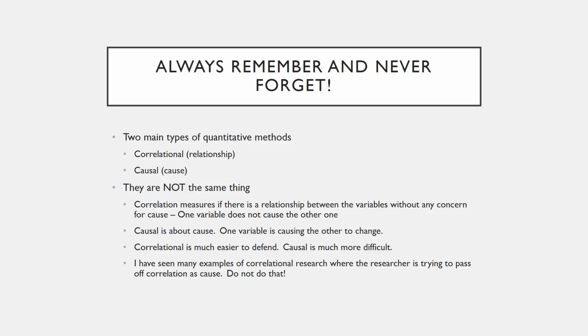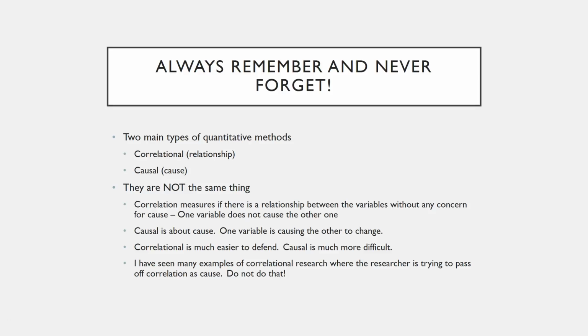One thing I want you to always remember and never forget: when you're dealing with quantitative methodologies, there are two main types. There's correlational, which is measuring a relationship between one variable and another, or one variable and several others. And then there is causal, where you're saying that one variable is causing the result of another variable.